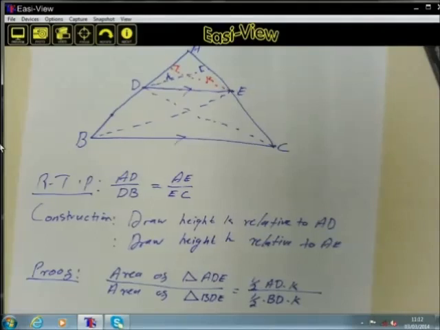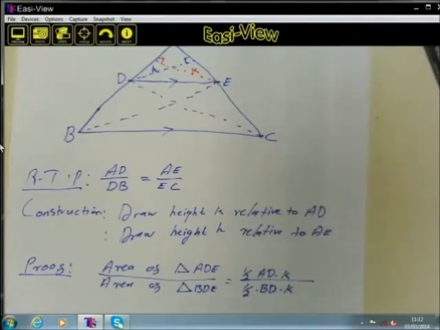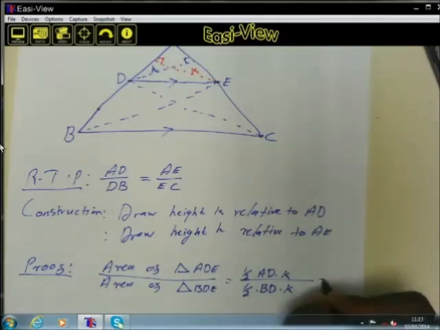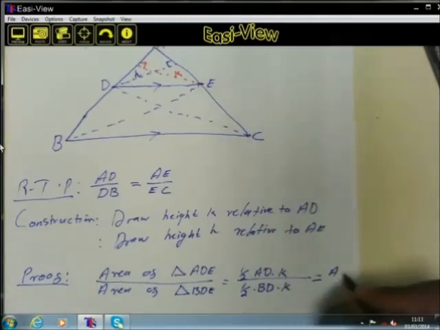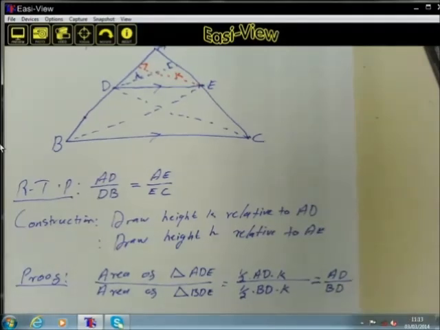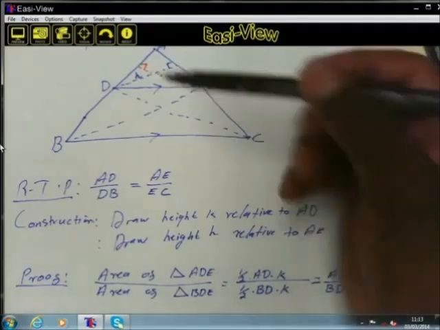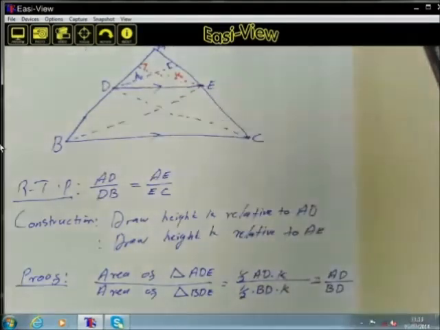If you simplify this further, half will cancel half, K into K once. So ultimately we are only left with AD over BD.